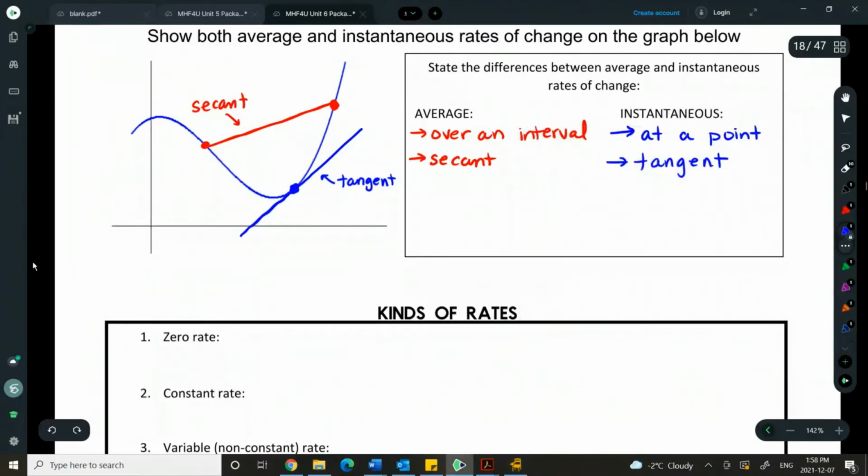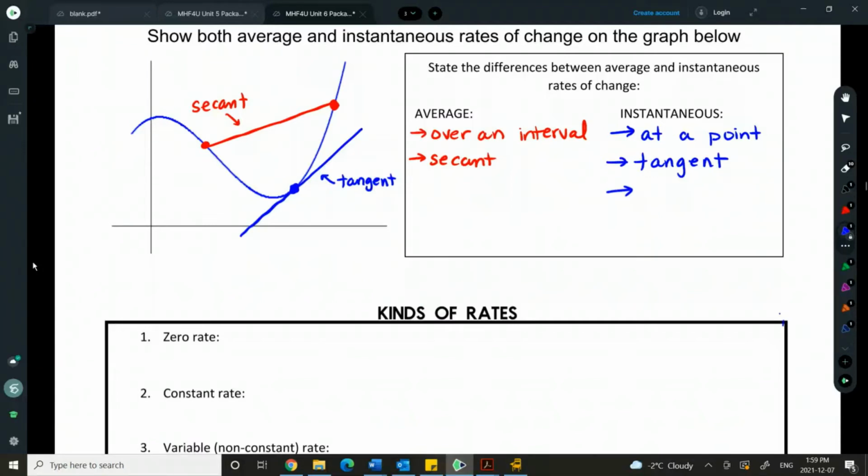Because of this idea of drawing a tangent line, how do I know whether it's right there, or maybe more like that, or maybe more like that? That's why we consider instantaneous to be more like an estimated value, because my tangent line might look slightly different from someone else's tangent line.